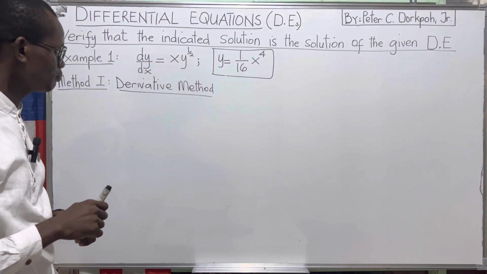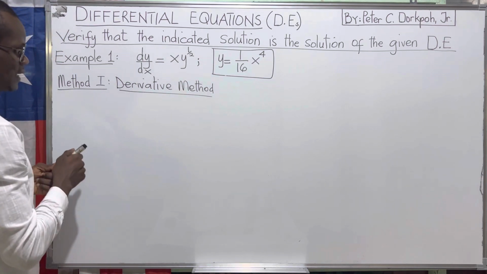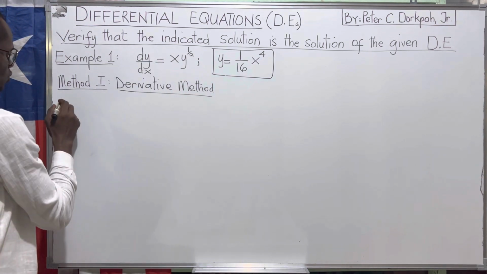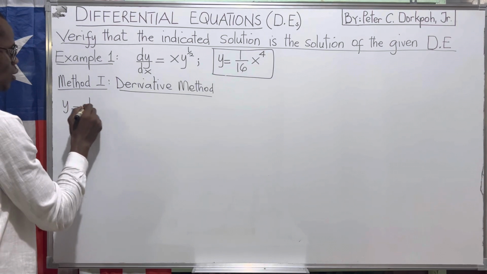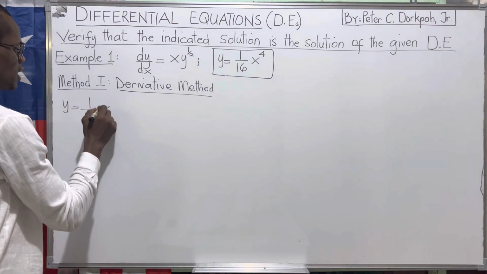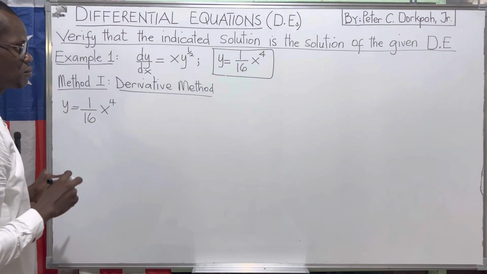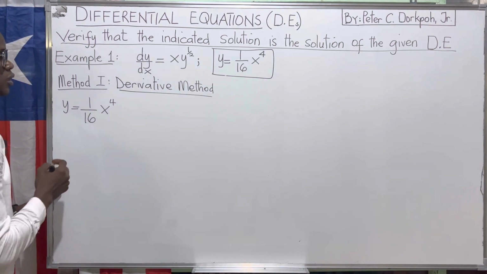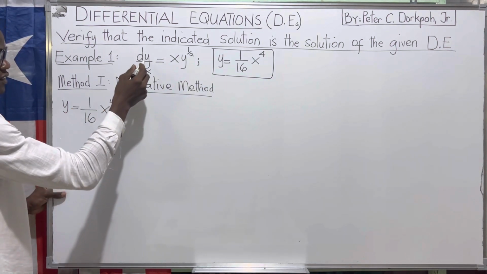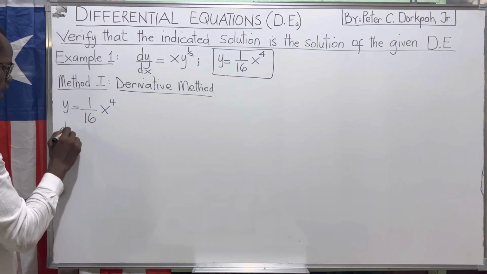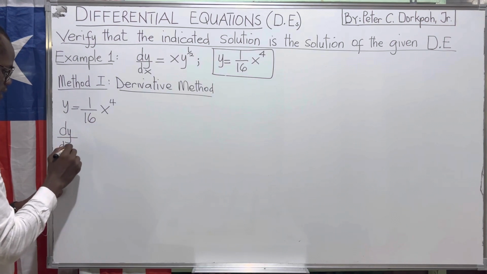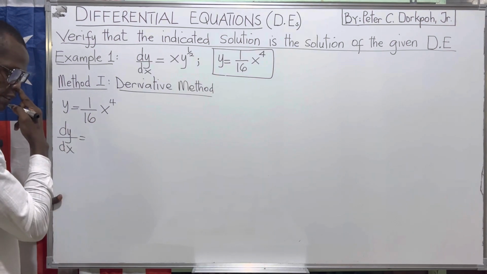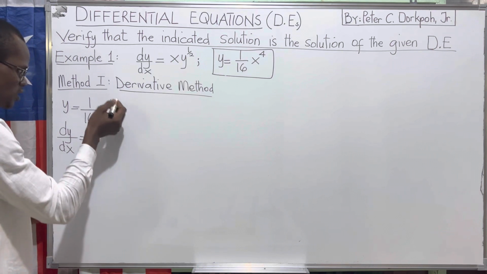So let's apply the derivative method. We have y equals 1 over 16 x raised to the fourth power. We're going to find the first derivative. So dy by dx: you bring this power down.